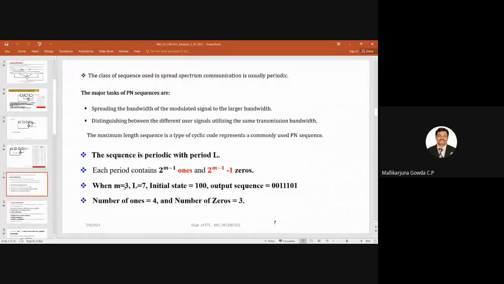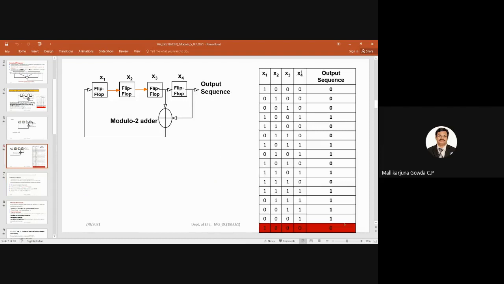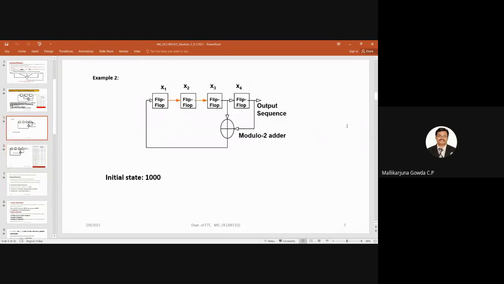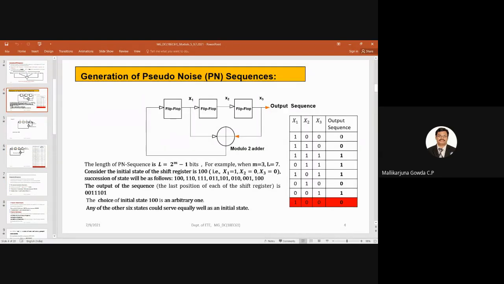Let me say what the properties of this pseudonoise sequence are. These M sequences or PN sequences used in spread spectrum communication are usually periodic. Whatever we are getting here, and even in the previous example, it is a periodic sequence.